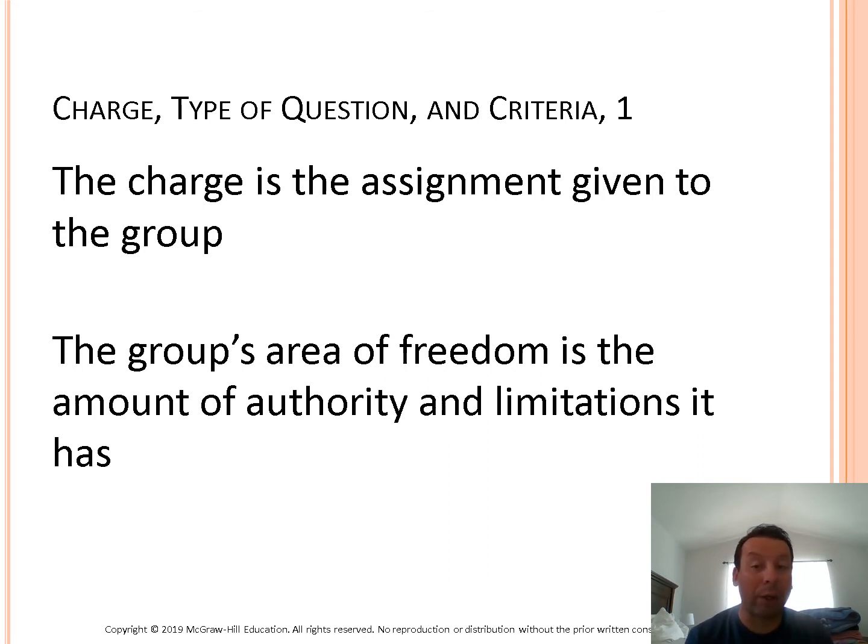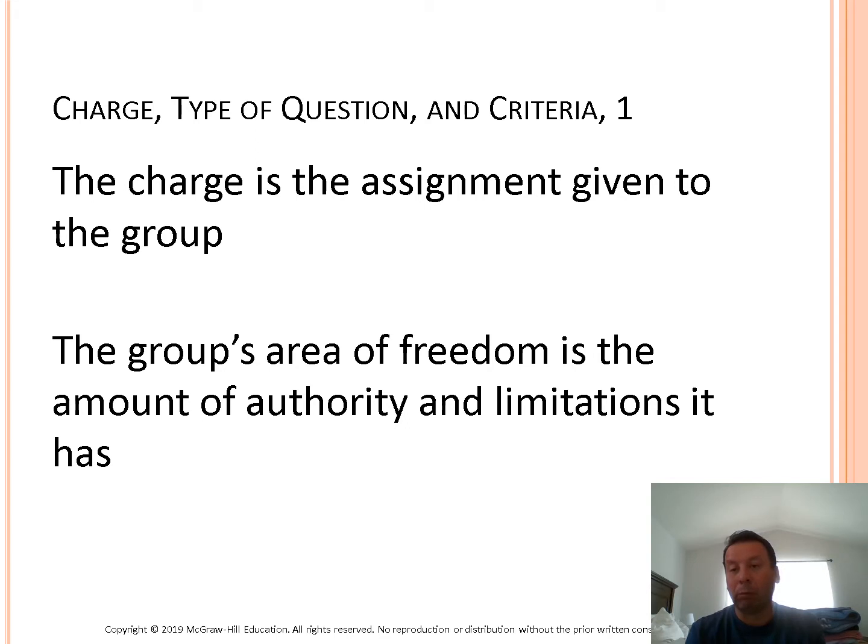Now, the group's area of freedom is the amount of authority and limitations that it has. So, as an example, the boss may say, hey, all right, fine, you can do this, but A, it has to be on a Saturday. B, you can only spend $500. And C, it can't conflict with normal time of operations of the company.